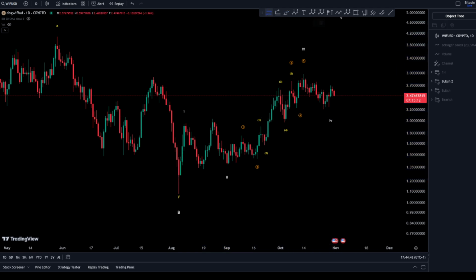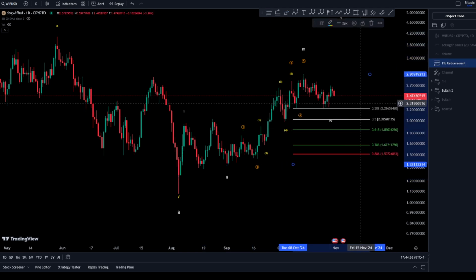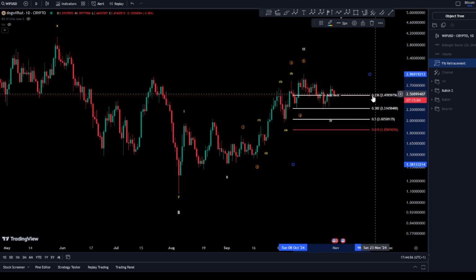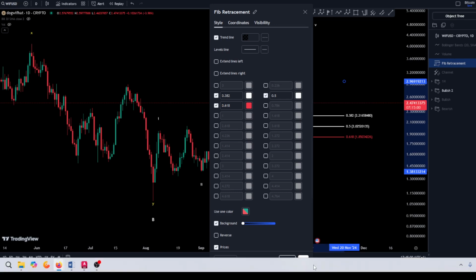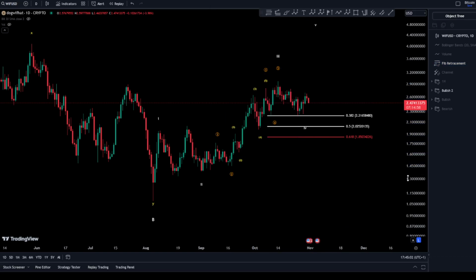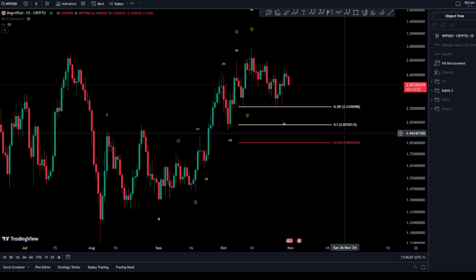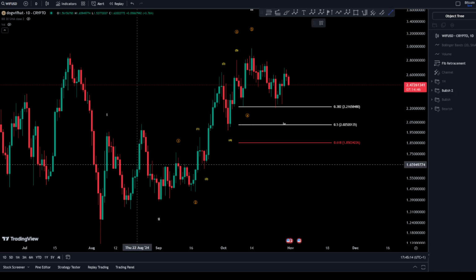Now, your wave 4, if it has bottomed, you have to reach some good fibs for your wave 4 as an impulse. We have already hit the 0.38 here, and potentially if we are looking for lower prices, we need to make sure we don't invalidate the main impulse with your wave 1 here.